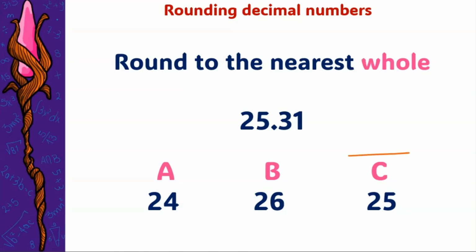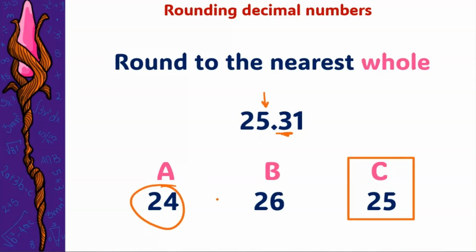And the answer is C. Since this is a 3, this one keeps down, 25. Guys, it keeps down to the 25. It doesn't mean that it goes down to the 24. Impossible, because this number is still closer to 25 than to 24. Okay, so careful with that.